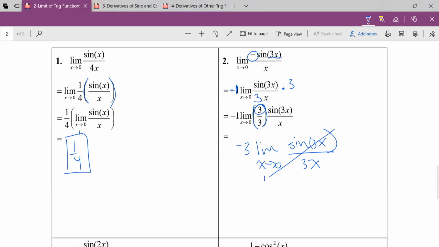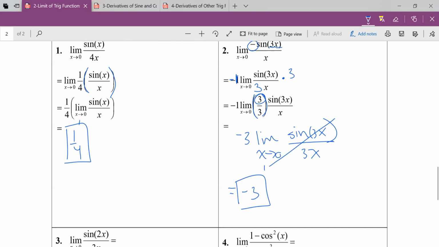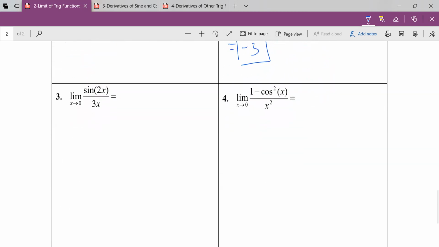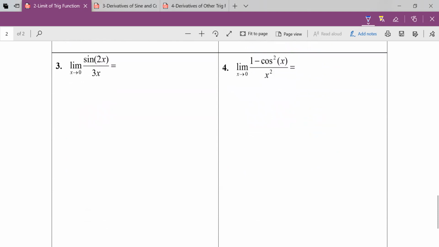This whole limit goes to 1, and negative 3 times 1 is negative 3, the kids tell me. So that's what you're thinking: you're trying to get that multiple angle, and if that's what's in my multiple angle, that's what I need in the denominator.